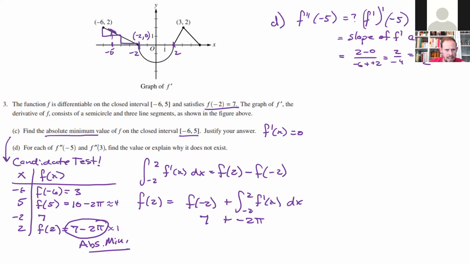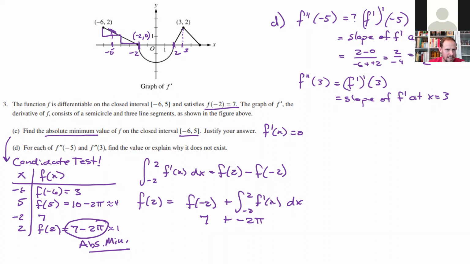Not so bad. At 3, though, here's 3. We're at a corner. So f double prime of 3 would be the slope of f prime at x equals 3.